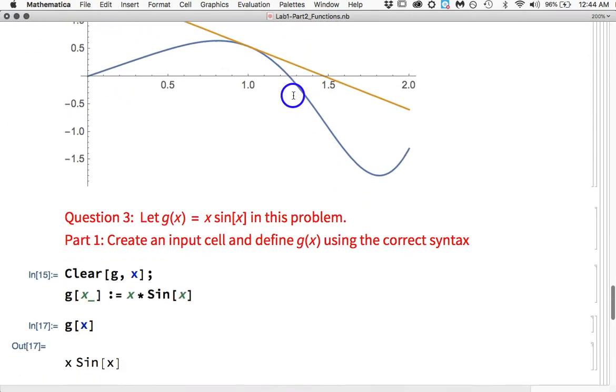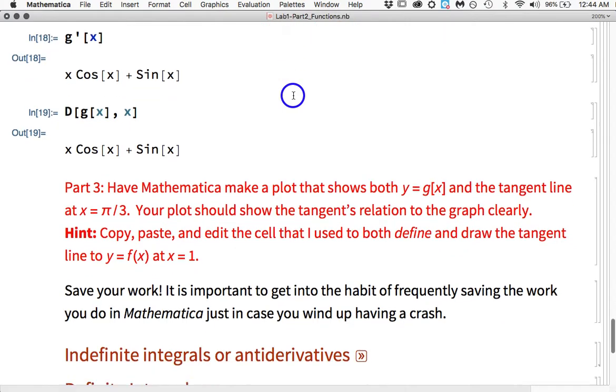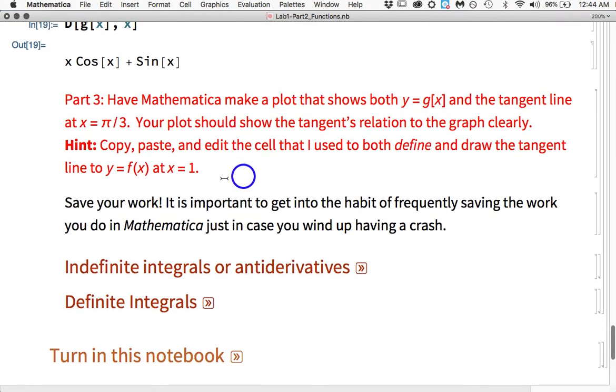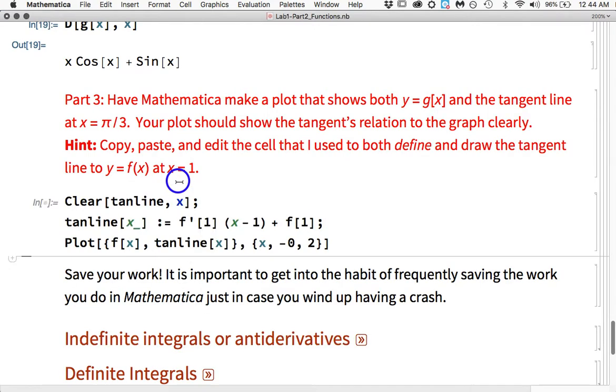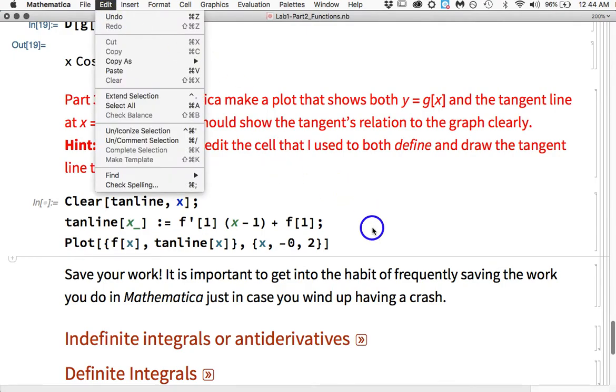Now that it's copied, I want to scroll right down to where I want to put it, which is below part 3. So get the cursor to be a horizontal I and click the mouse to get the horizontal line. And now do the paste. So I'm doing a Command V because I'm on a Macintosh. It would be a Control V on a PC, or you could always use the edit menu.